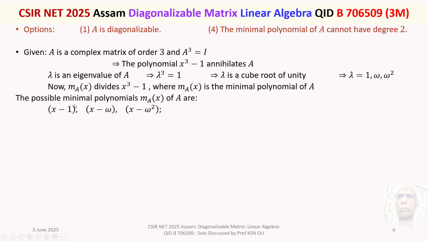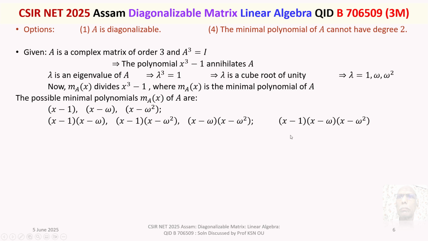It can be x minus 1, x minus omega, x minus omega square, and x minus 1 into x minus omega, x minus 1 into x minus omega square, x minus omega into x minus omega square, and all three, x minus 1 into x minus omega into x minus omega square. So the possible minimal polynomials, 7 are there.